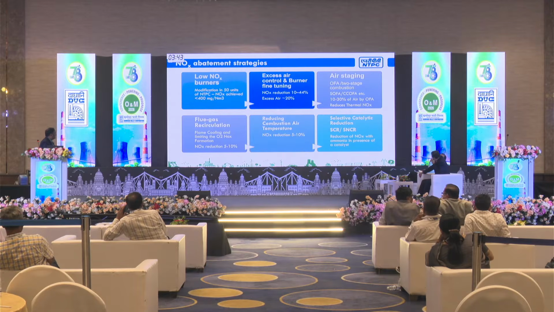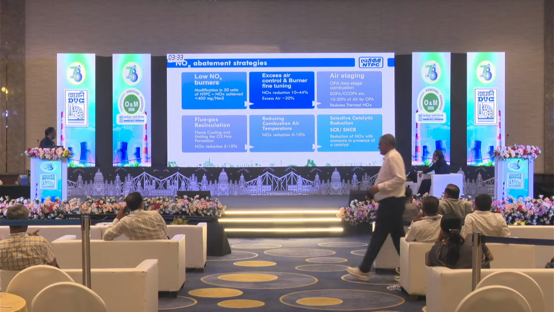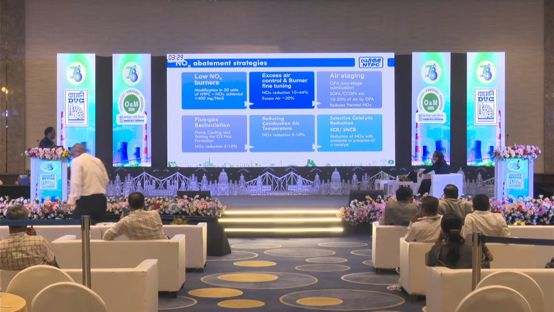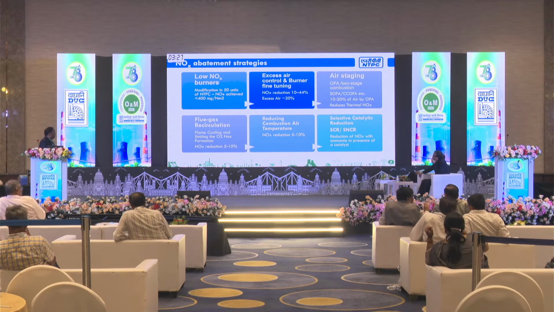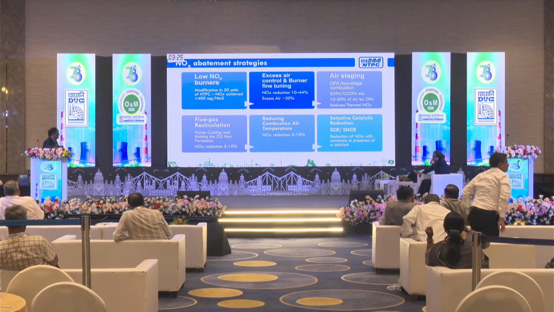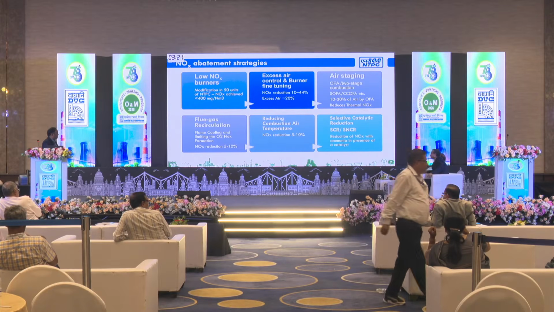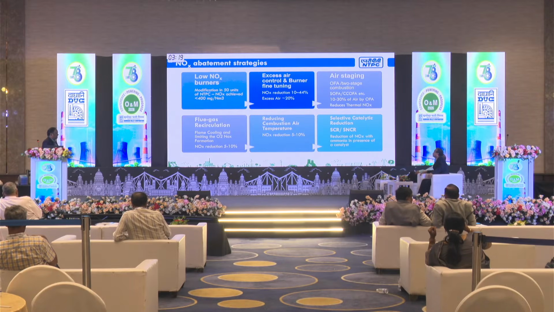So the first strategy is the low NOx burner installation. We have installed it in around 50 odd units in NTPC, mostly after 2003. NOx can also be reduced by controlling excess air; by this method we can reduce NOx by 10 to 40% if you maintain excess air at around 20%.